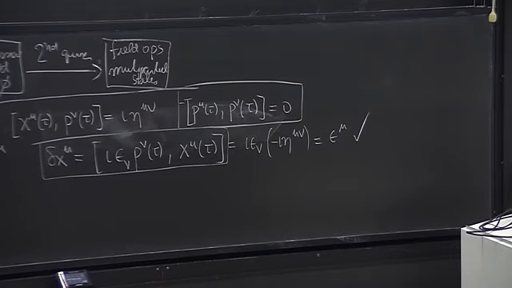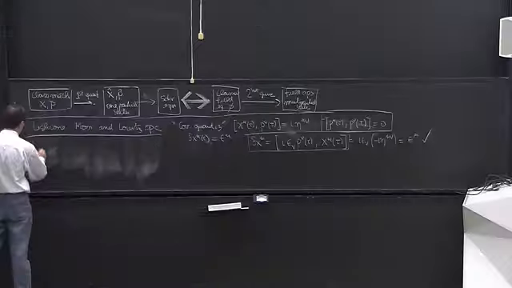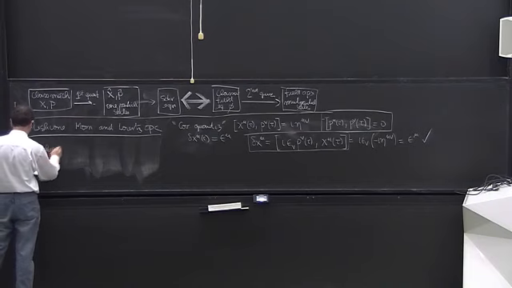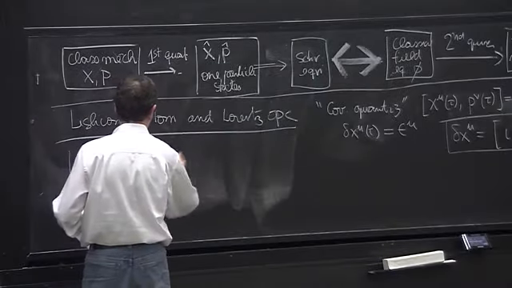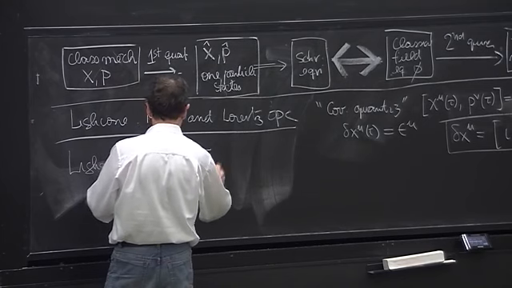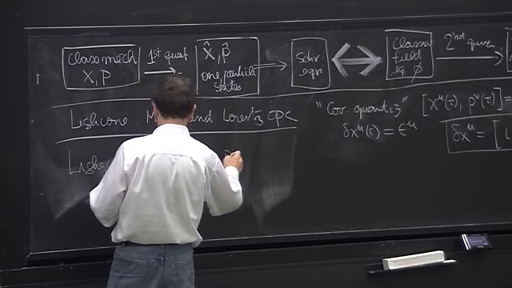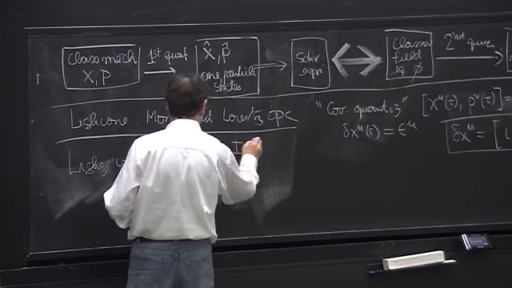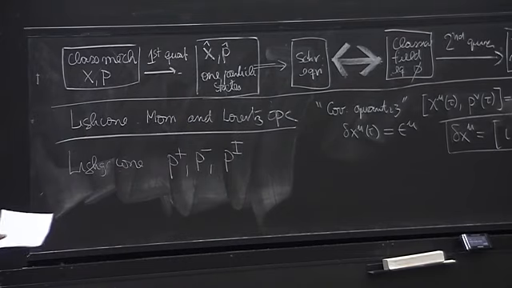Now we have in the light cone operators p plus, p minus, and p i. And none of them is time dependent, no time dependence. That's why I don't write them. The Heisenberg operators are not time dependent. And they all commute.